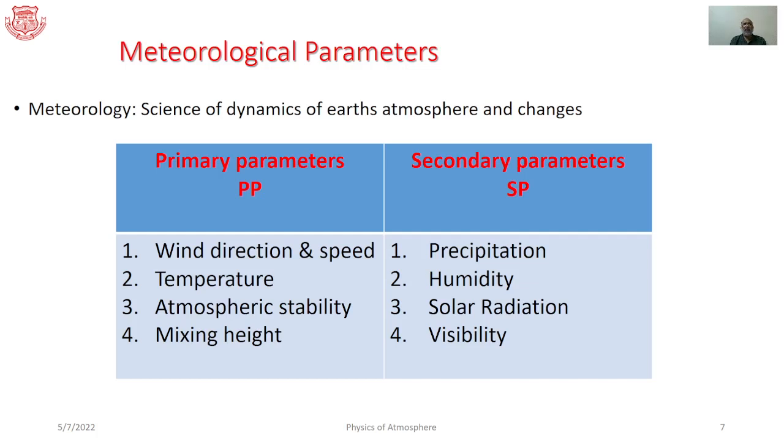So these primary parameters are wind direction and speed, temperature, atmospheric stability, and mixing height. Whereas the secondary parameters are precipitation, humidity, solar radiation, and visibility. As we move ahead, we will discuss each of these parameters in the context of air pollution.